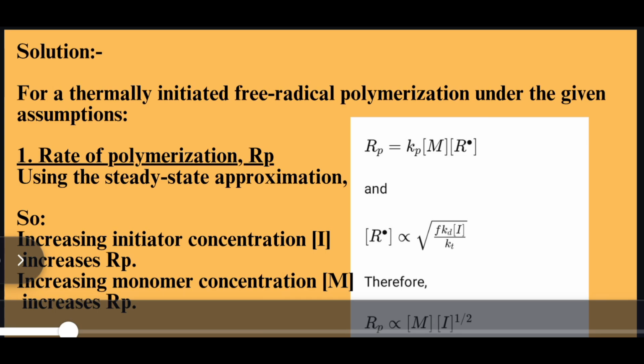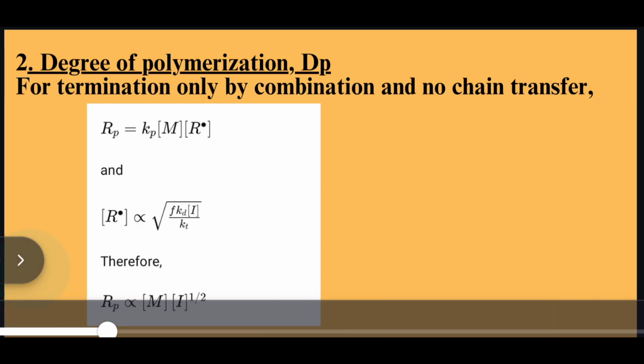Rp is equal to Kp into M into R radical, and R radical is directly proportional to root of f into Kd into I divided by Kt. Therefore Rp is directly proportional to M into I to the power half. So, increasing initiator concentration I increases Rp, and increasing monomer concentration M increases Rp.